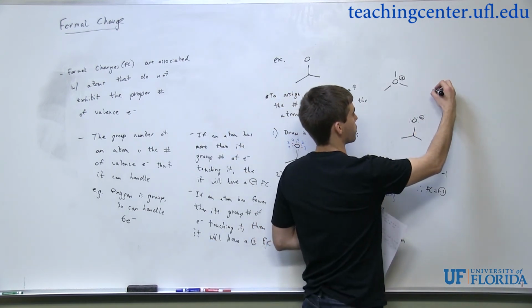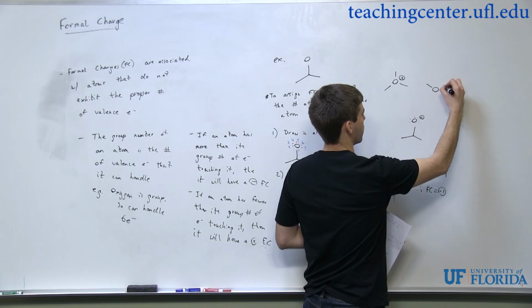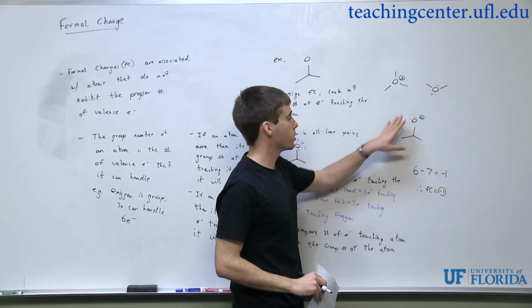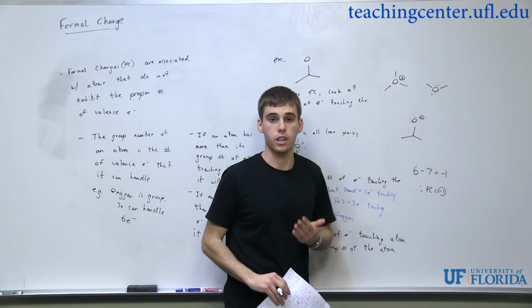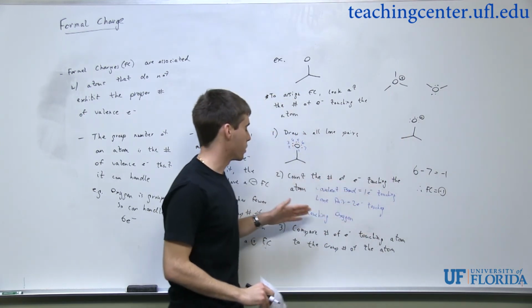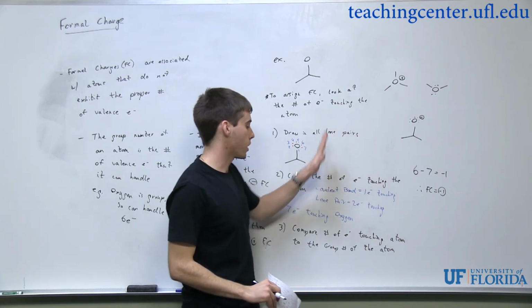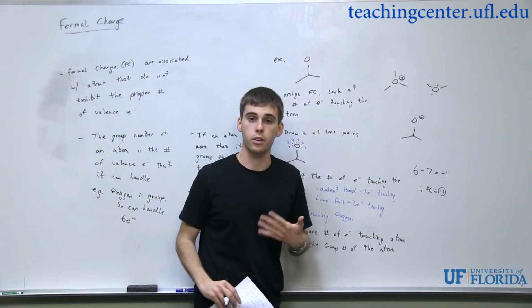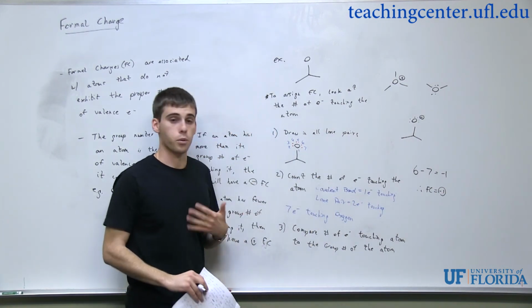And a neutral oxygen has no formal charge. These are 3 really common patterns with oxygen, and there are patterns with nitrogen also that you can figure out by applying these same principles. This will really save you time. You'll get really familiar, and you'll be able to assign formal charge very quickly.